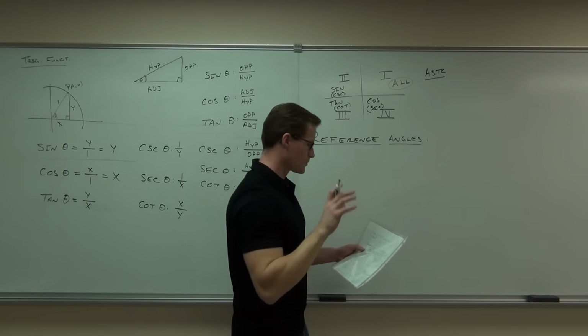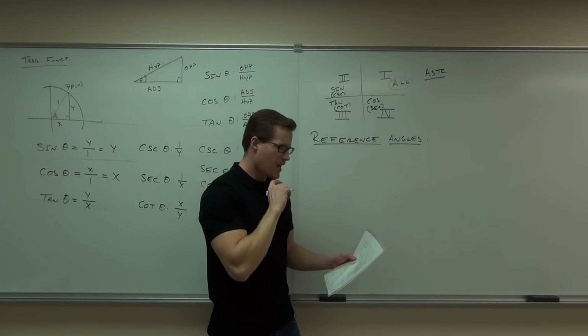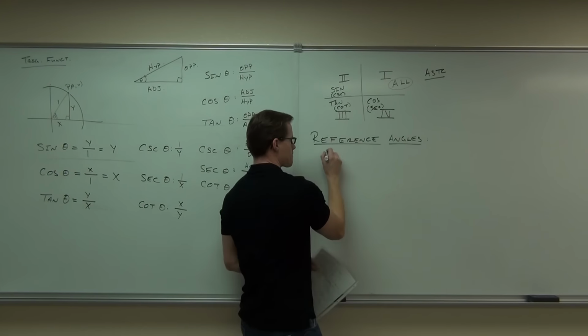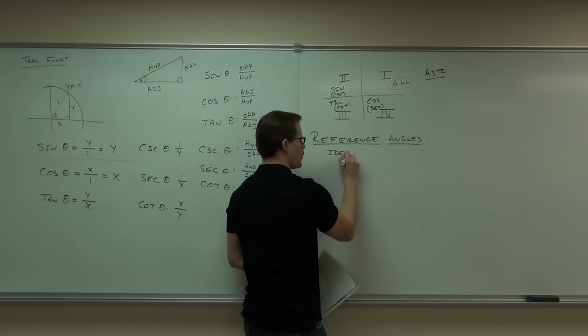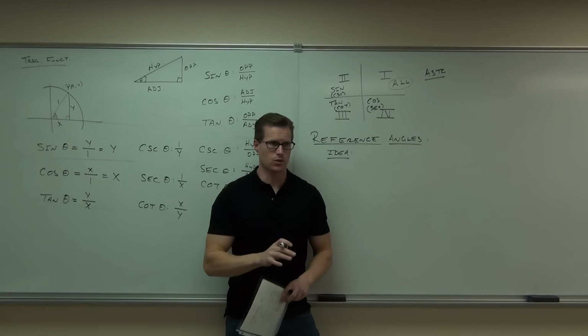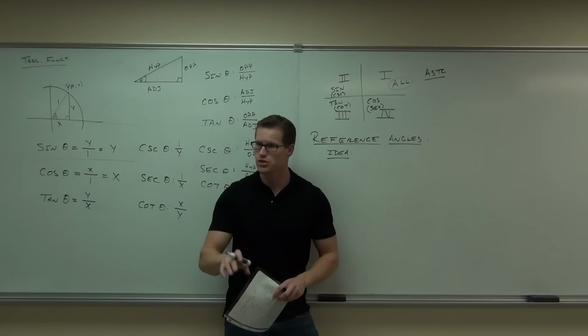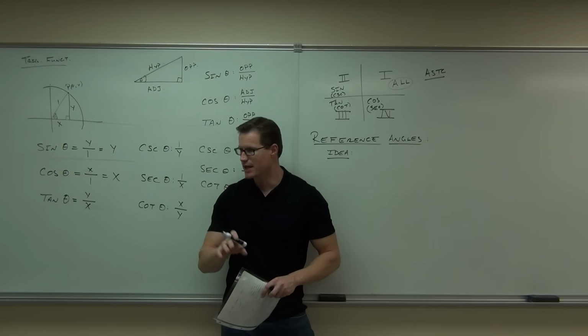So reference angles. How to find trig function in any angle is what this is. And the idea is this. What we're going to do is try to make an acute angle with the x-axis, and then we're going to find the trig function of that, and then use the ASTC idea.